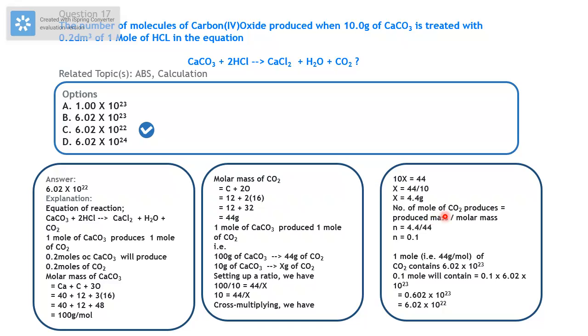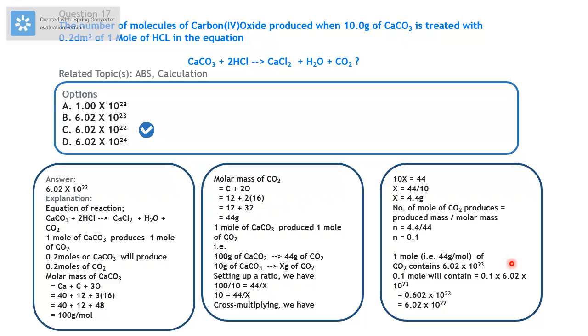The produced mass of carbon dioxide here is this 4.4 gram, divided by the molar mass of carbon dioxide, which is what we calculated here as 44. So you have 4.4 divided by 44, and that is equal to 0.1. So this is the number of moles of carbon dioxide that is produced from this reaction here.